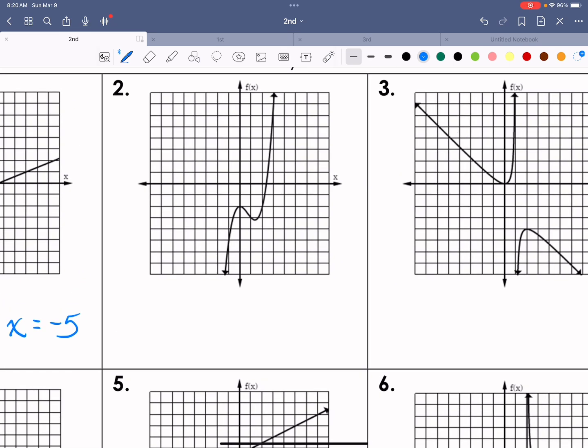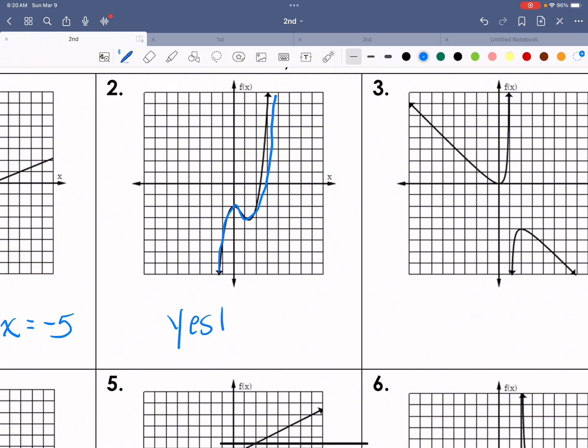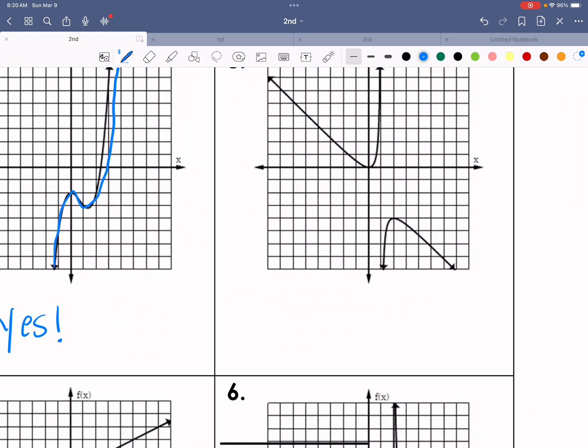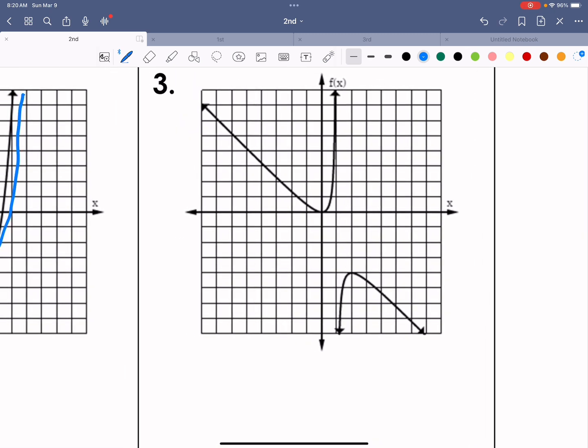Okay, example 2, we look at this graph and it continues all the way from left to right. So all we have to put on this one is yes. Okay, number 3, it is not continuous all the way from left to right. There's a break. And where is that break?